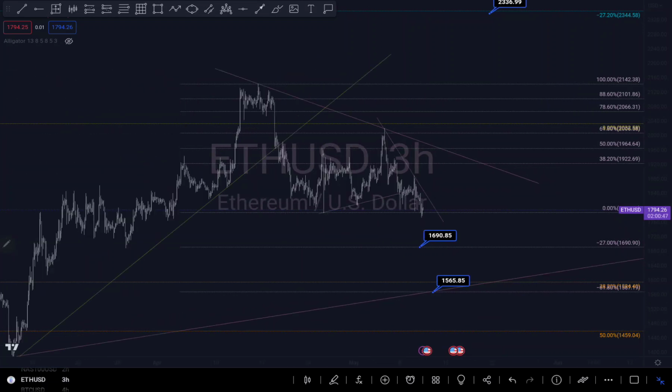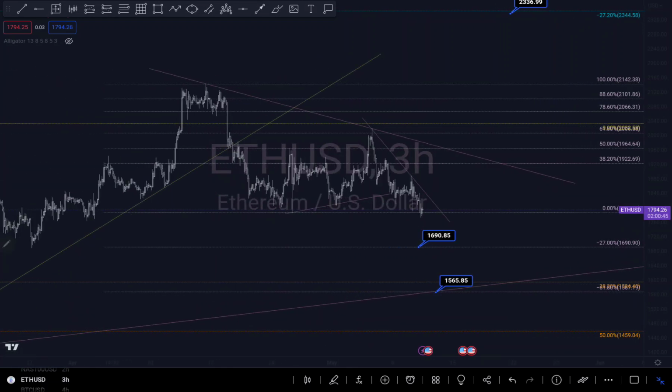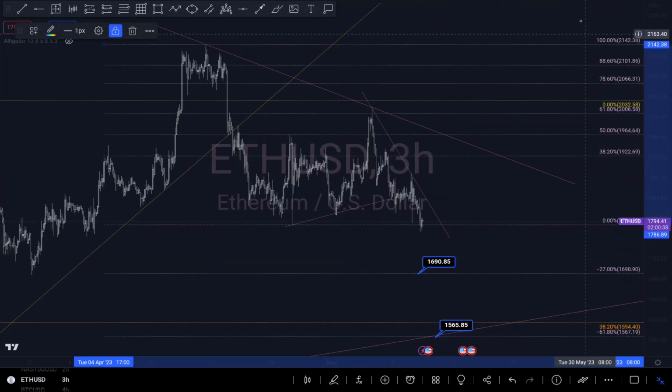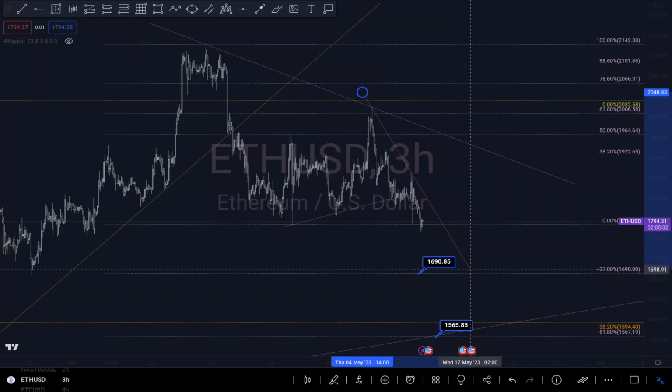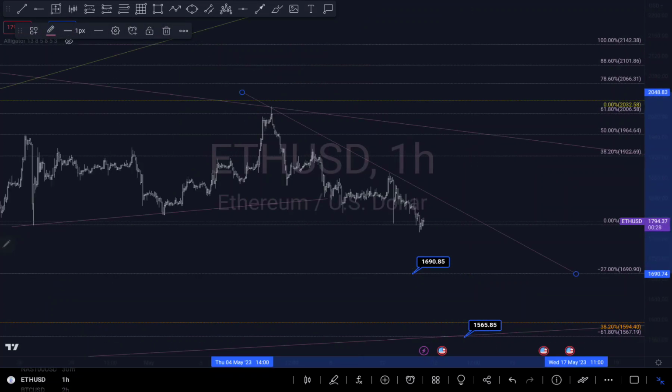Because whenever we get to my negative 27%, there's always a possibility that it might reverse. So we might come to that level right there, my negative 27, and possibly reverse, because if I extend this trend line right here, let me go to a smaller time frame. Okay, so if I extend this trend line, I see a possible move that we might get to my negative 27% fib level right there.